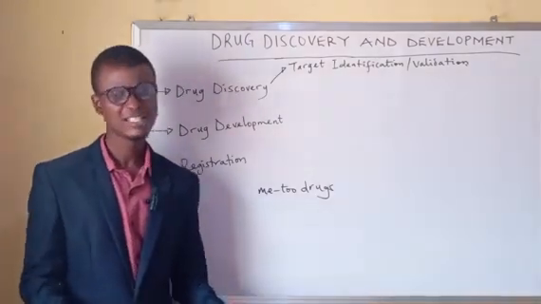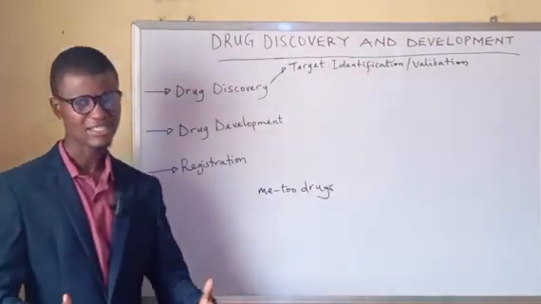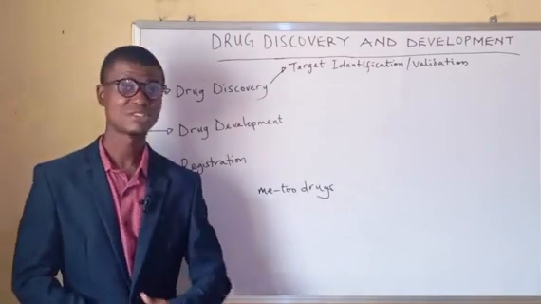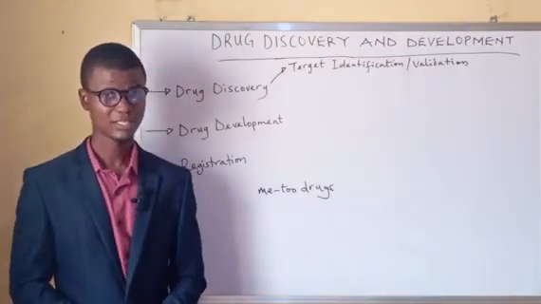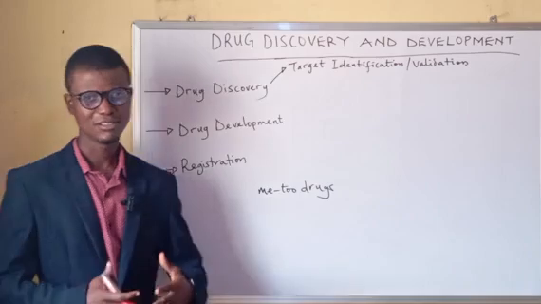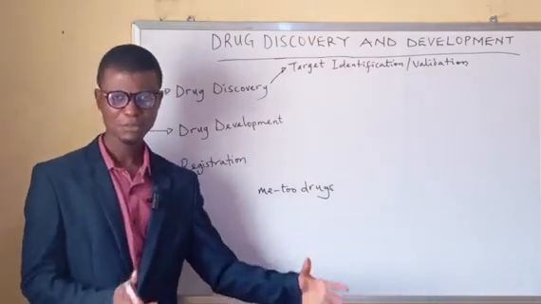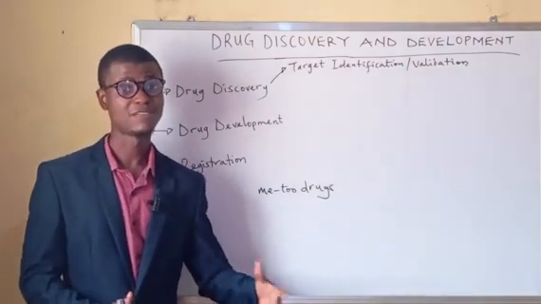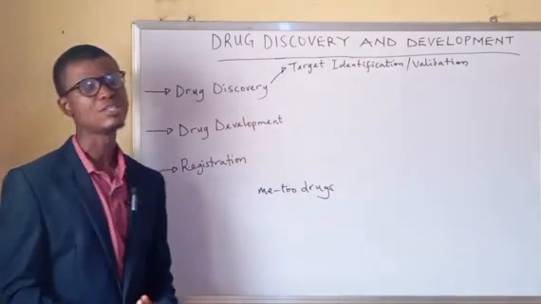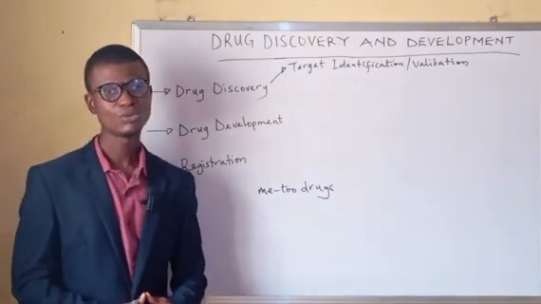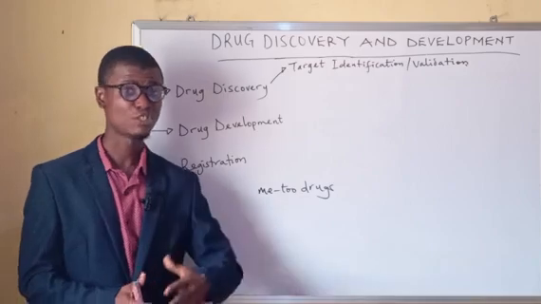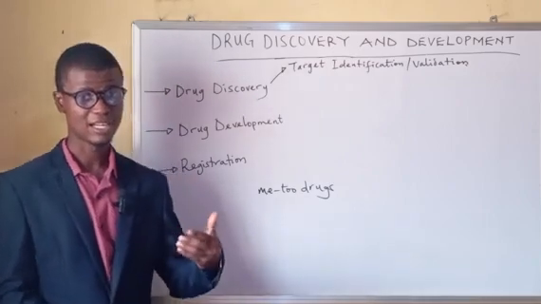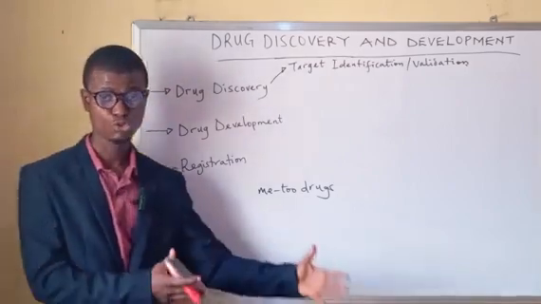The commonest approach is to use a target that has already been validated in the clinic. Now, what we mean is for many diseases, we already have drugs developed for them. So what we need to do is to look at those targets that have been used in the development of those drugs.